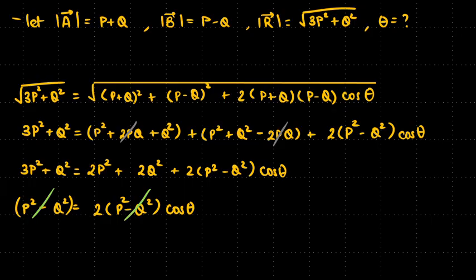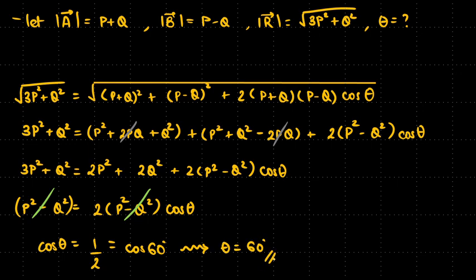So now we have cos theta to be 1/2, and we know that cos theta is 1/2 only when the angle is 60 degrees, which means our answer for the angle is 60 degrees.